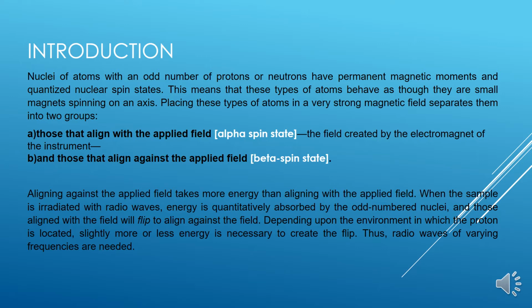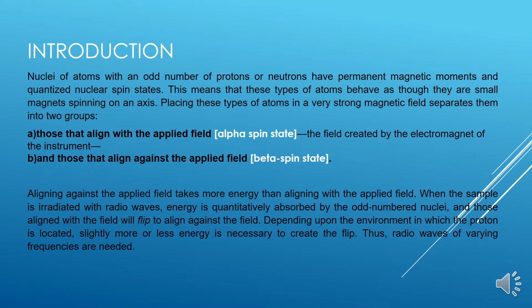Introduction: the nuclei of atoms with an odd number of protons or neutrons have permanent magnetic moments and quantized nuclear spin states. This means these atoms behave as though they are small magnets spinning on an axis. Placing these atoms in a very strong magnetic field separates them into two groups.